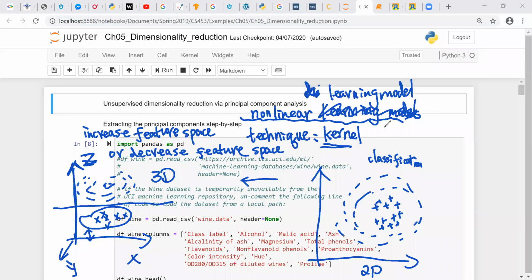And so the kernel function. The purpose of the kernel function is not just to transform the original data. Because in PCA, you are going to calculate the covariance matrix.